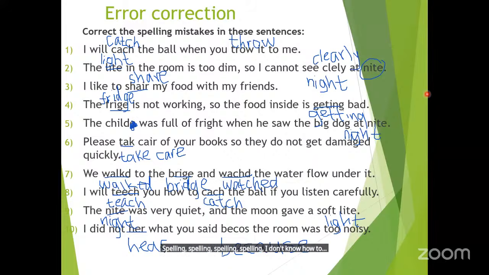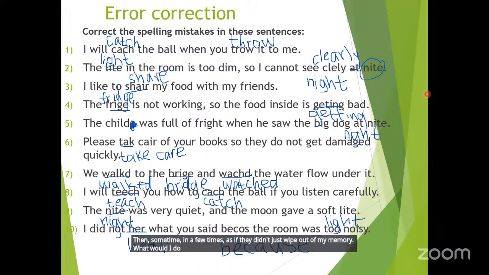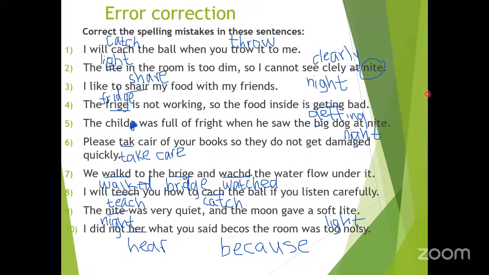If I see something now, I will spell it, then write it, then after a few times, it's as if the thing just wiped out of my memory. What will I do? You need consistent practice.